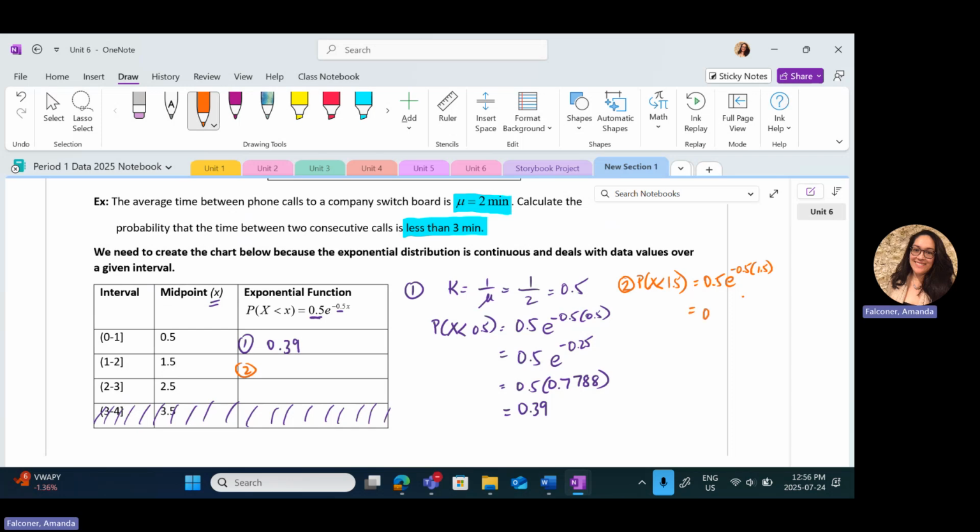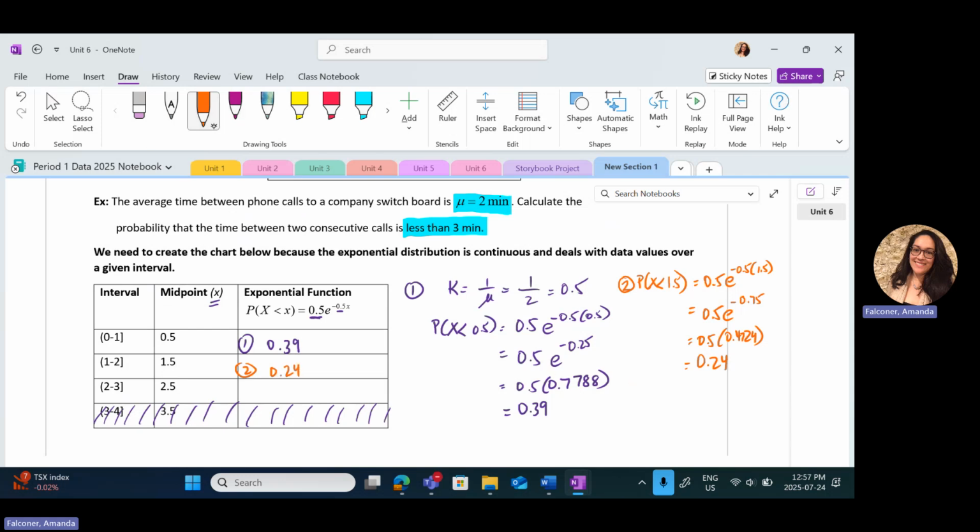And my next line with my stacked equal signs, my multiplication of negative 0.5 and 1.5 is negative 0.75. I evaluate that Euler's number first. When I do that, I get 0.4724. And then I multiply that by 0.5 to get 0.24. Okay, so that is my second case's likelihood.